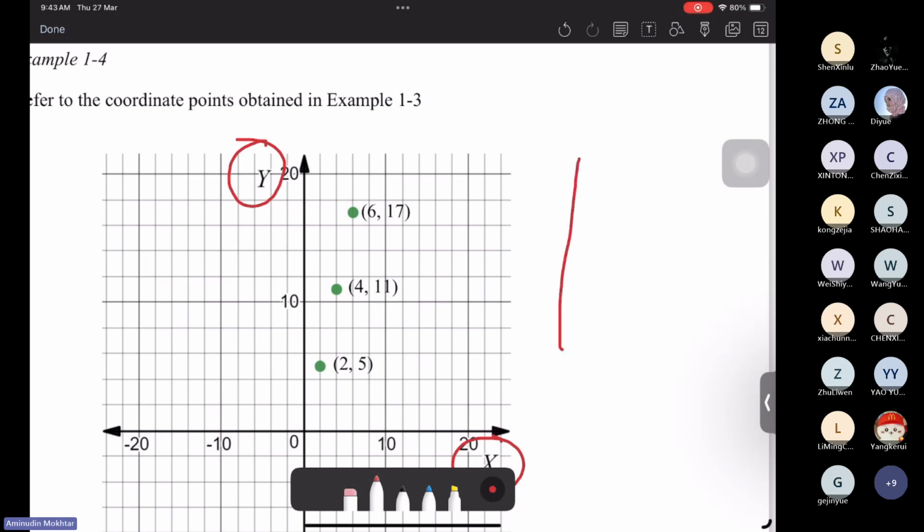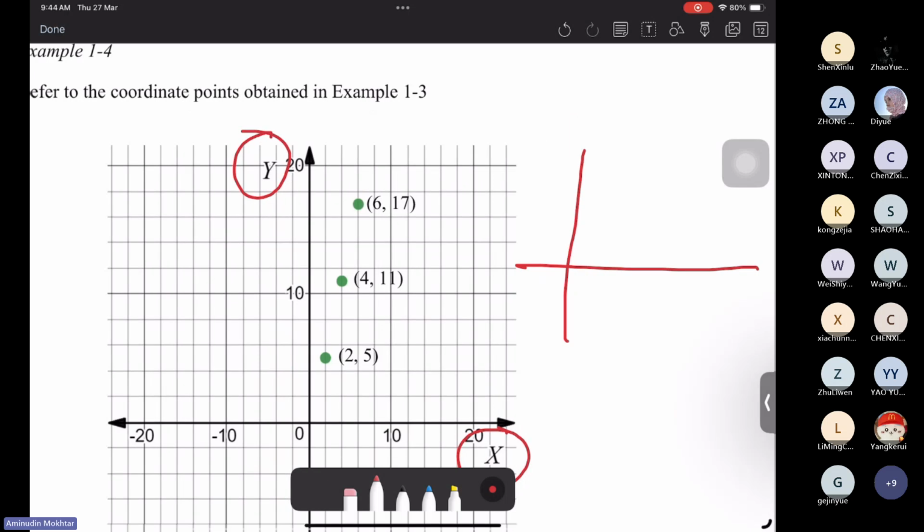When I draw this graph, this is for x, this is for y, for input and for output. The vertical line is for y. The horizontal line is for x.